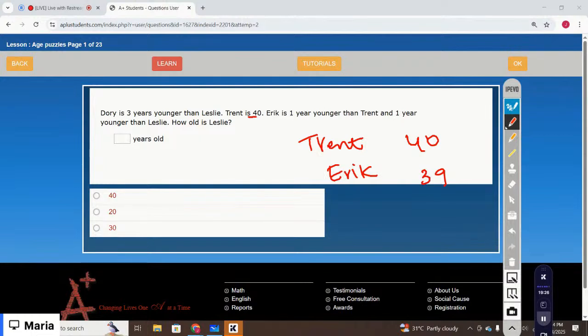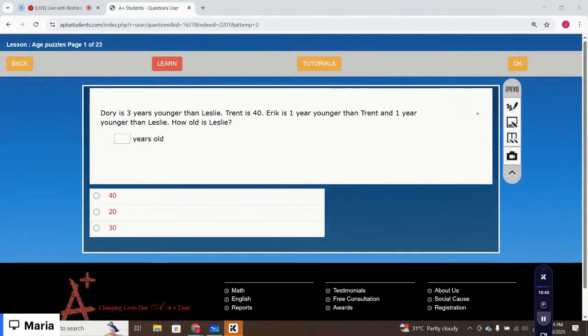Eric is 1 year younger than Leslie, so that means Leslie is, Eric is 39, 1 year younger, add 1 to 39. So Leslie is 40. Option number 1 is the correct option, and that is 40. That means Leslie is 40 years old.